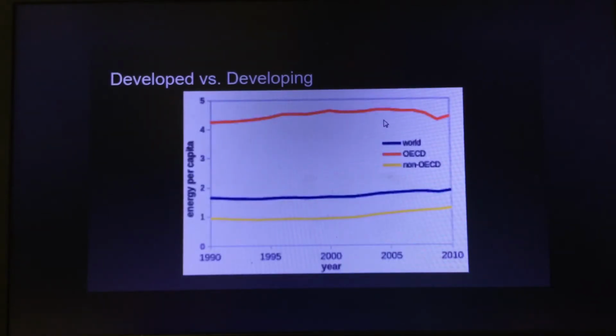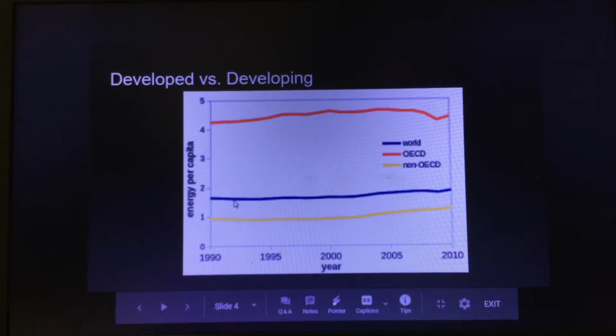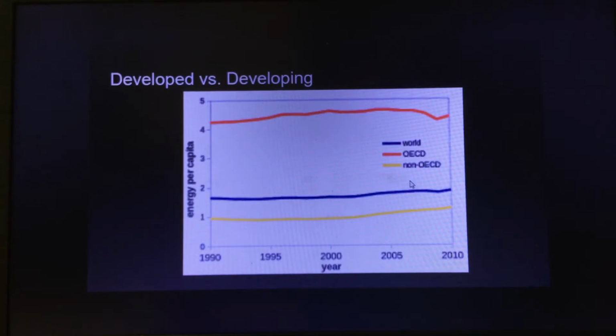Okay, so if we look here, we can look at energy per person, again, and we can look at these trends since 1990. The world average is just under 2 tons of oil per person, per capita.